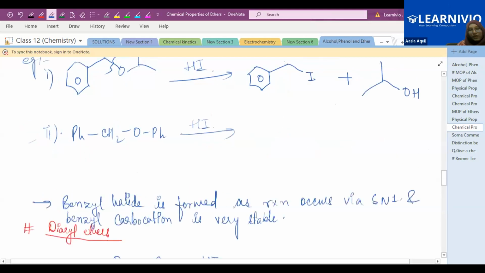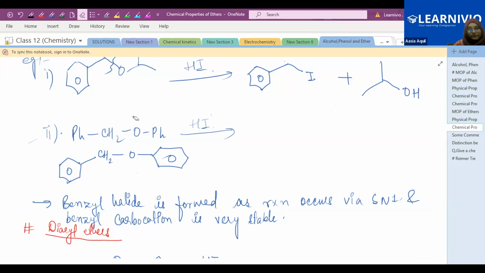Second one. There are two benzene rings, phenyl groups. You can also draw it like this: this is a benzene ring, CH2, oxygen, and here there is again a phenyl.